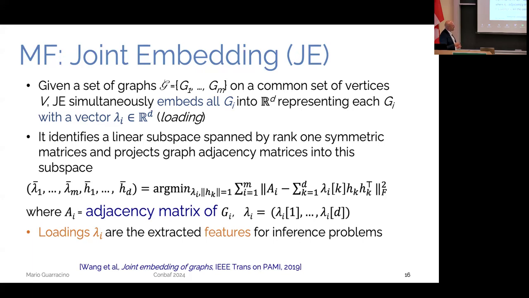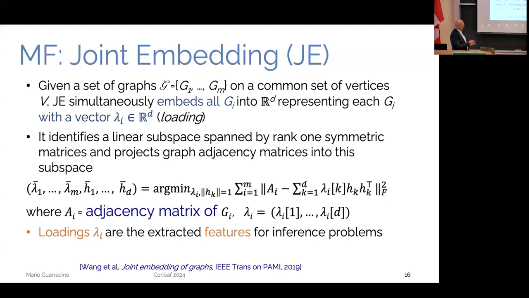We take the single adjacency matrices of the M graphs, and we try to minimize this objective: the distance of those adjacency matrices to a matrix that is obtained through a linear combination of rank 1 matrices.